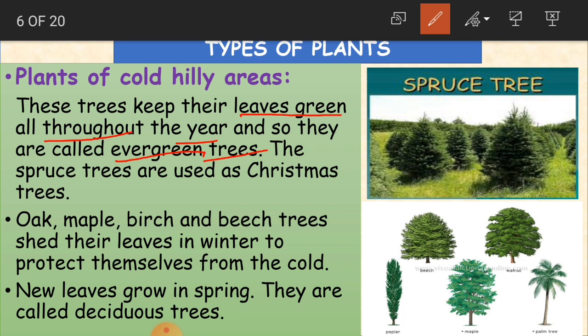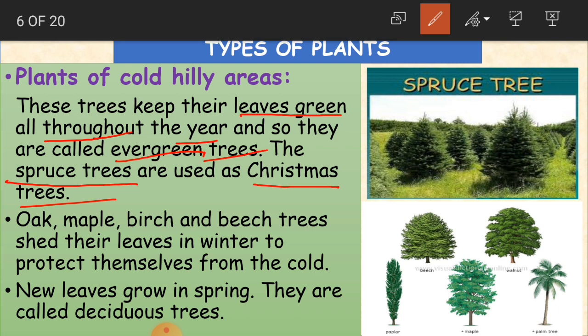But here, these leaves remain green throughout the year. They are not going to shed. That is why these are called evergreen trees. Clear, children? For example, the spruce tree, which is used as a Christmas tree. This tree we call a Christmas tree.